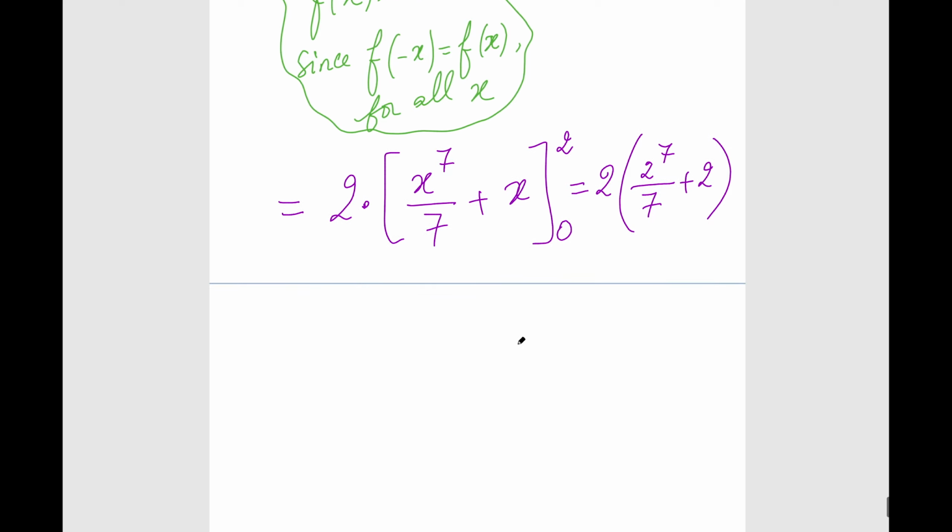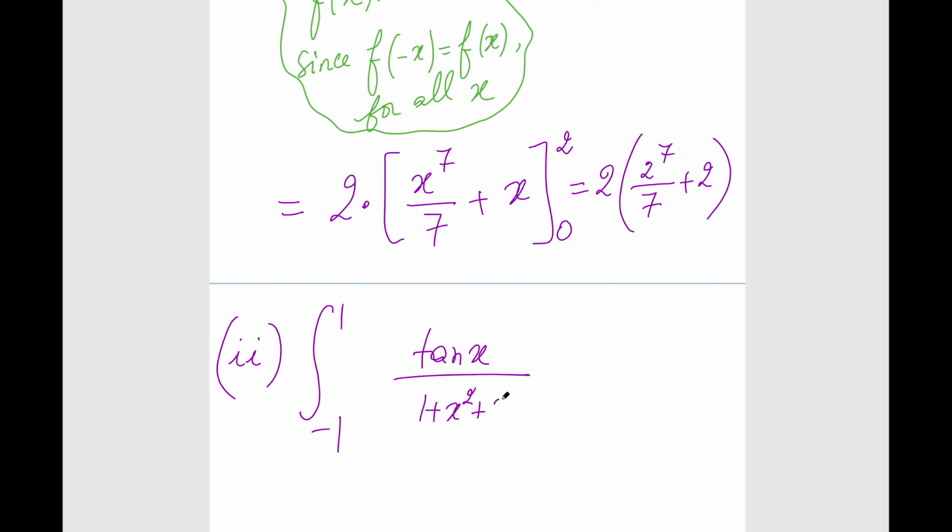Okay? The last problem: I'm going to integrate between minus 1 and 1 tangent x divided by 1 plus x squared plus x to the power 4 dx. Again, I'm still integrating over a symmetrical domain, minus 1 to 1.